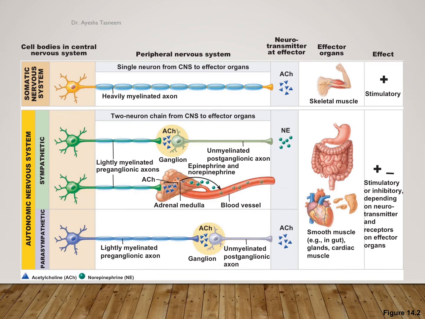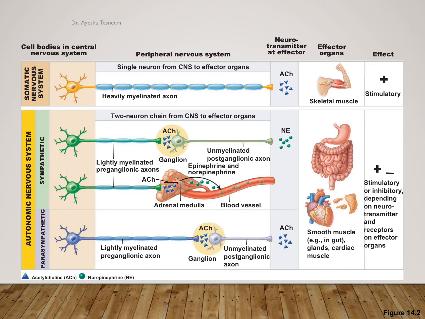This is the difference. This all is the autonomic nervous system that is labeled on the left side in yellow, and above the autonomic nervous system there is somatic nervous system.